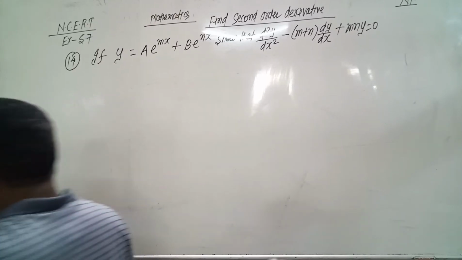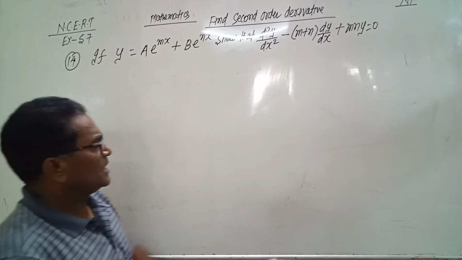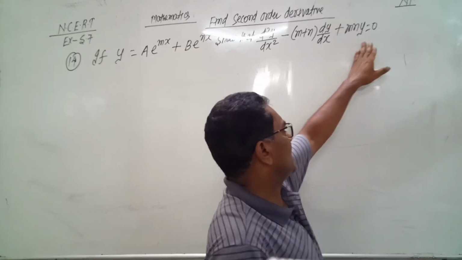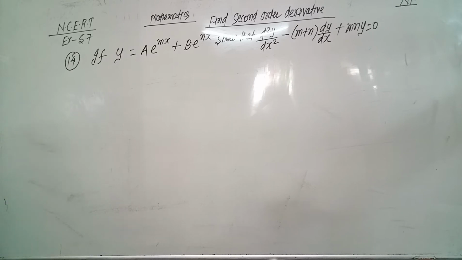So we will find dy by dx and d2y by dx square, and then we put all these values on the left hand side. If the result comes to be 0, then it gets proved.